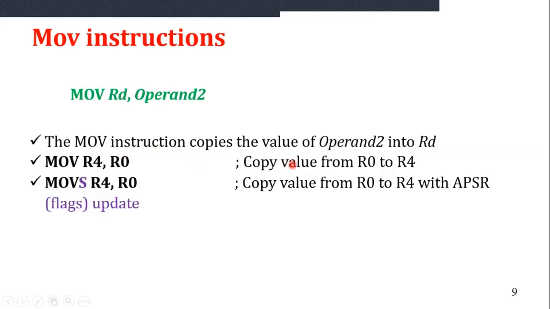So it copies the value from R0 to R4, and R4 is my destination. The same instruction we can use as MOVS R4, R0. Then what is the usage of S? I already told you that if you want to affect the APSR, you give S. For example, after copying the R0 value to R4, any flag register can change.